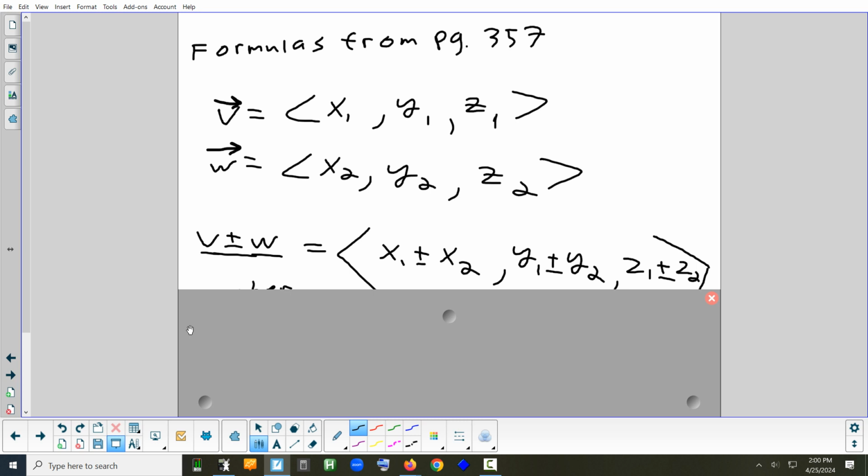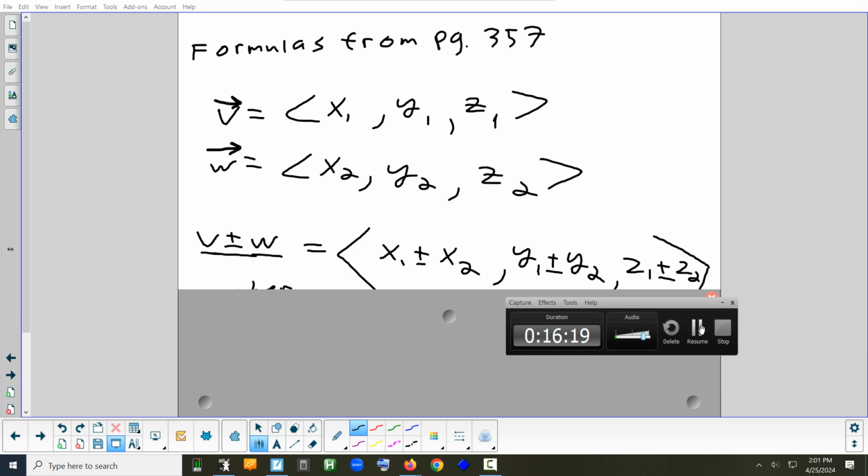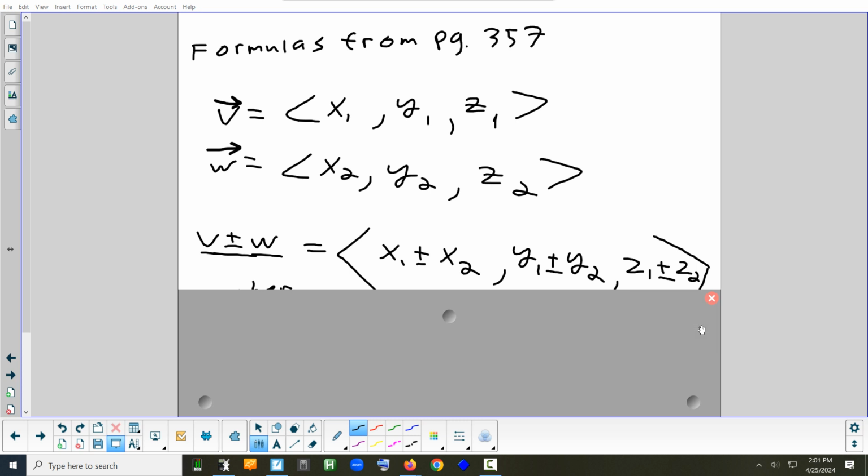Take your x components, combine them. Take the y components, combine those, and then take your z components, and then combine them. When I say combine the components, the two operations are either add the x's, add the y's, add the z's, or if the problem is about subtraction, subtract the x's, subtract the y's, subtract the z's.